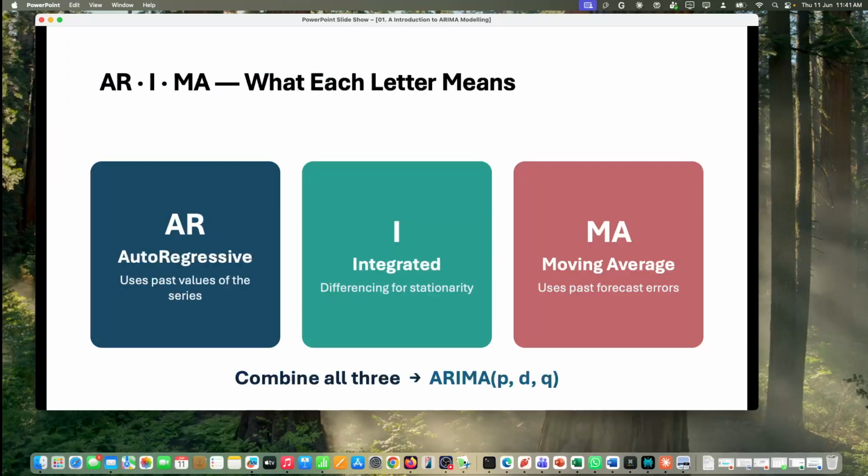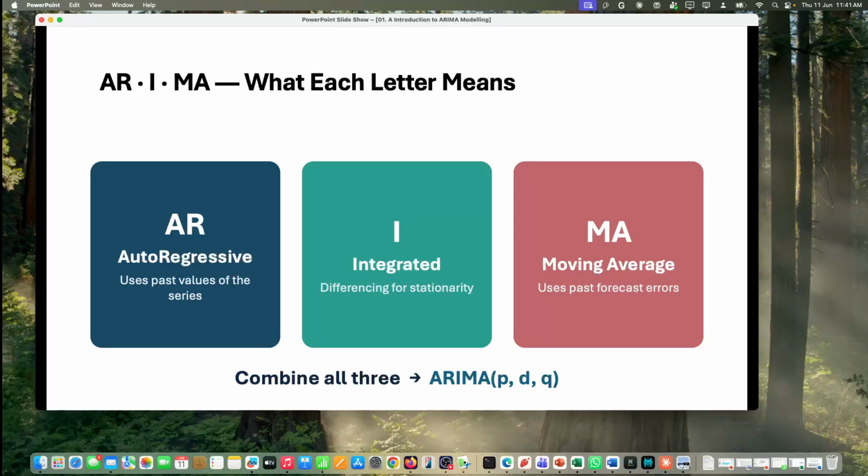So what does each letter in the ARIMA model mean? The AR means autoregressive. Autoregressive means it uses the past values of the time series data. Integrated means we are differencing the series to make the series stationary. Again, we'll discuss more on stationarity in the coming session.